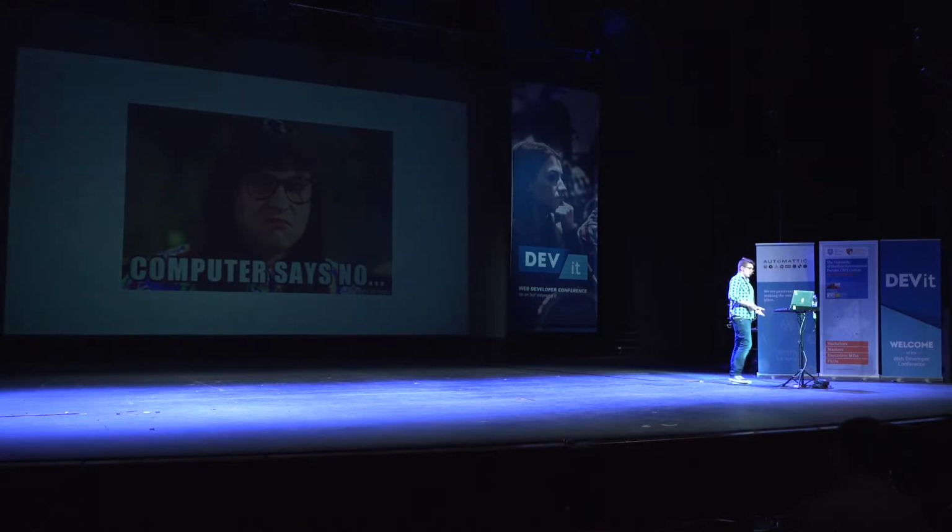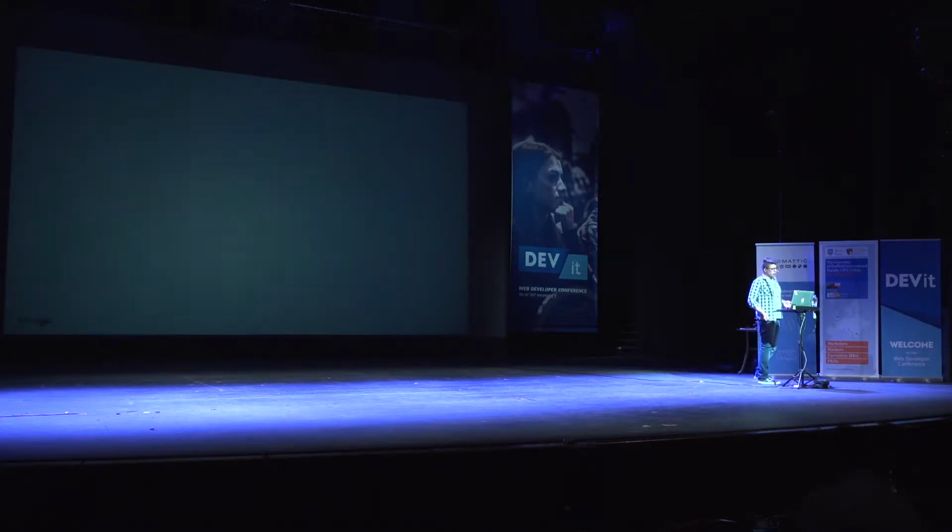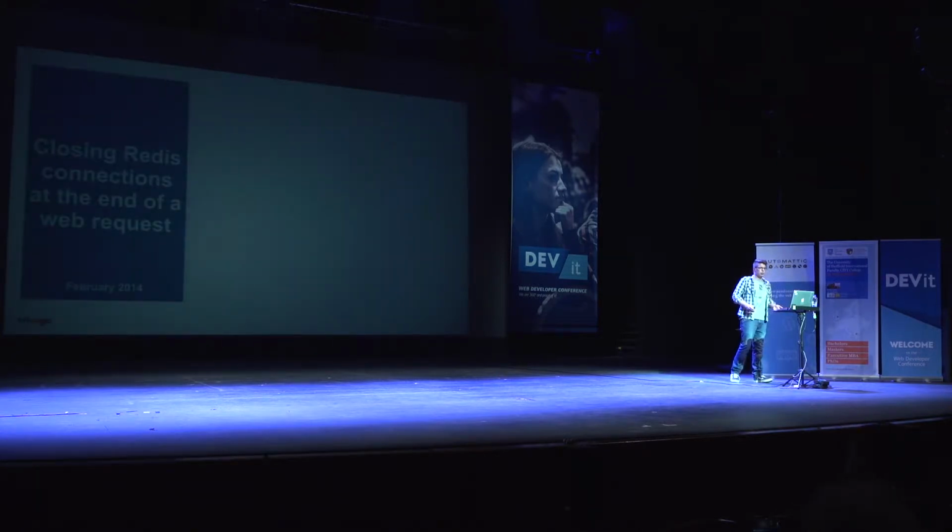But we had no choice. We had to continue. So in February 2014, we got back to our code base and checked in detail what we were doing there. We discovered that we opened a Redis connection in PHP, but didn't close it. Modern programming languages say, yeah, so what?